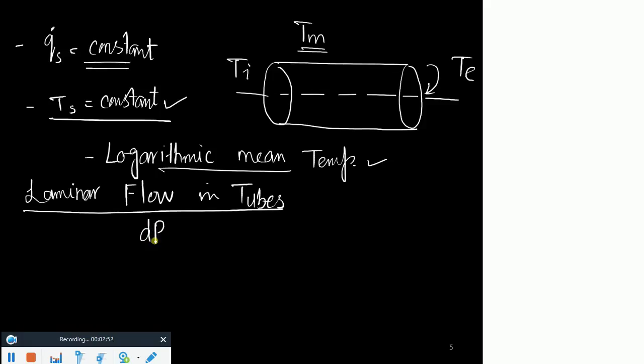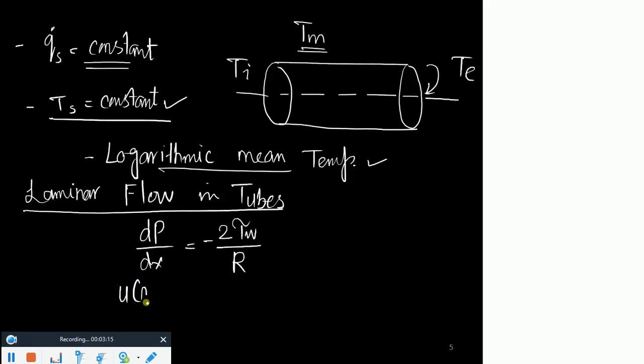that in this case dP by dx, this pressure gradient, that is equal to minus 2 wall shear stress over R. Does it look familiar to you guys? You should have seen it, okay? We have proven that in fluid dynamics course.